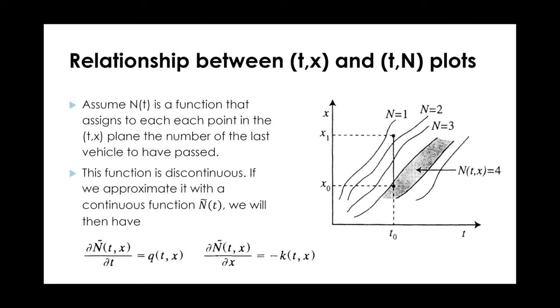There is, again, an interesting relationship between the time-space diagram, so Tx is the time-space diagram, right? And Tn, which is the time count diagram, where we assume N(t) is a function that assigns to each point in the time-space diagram the number of the last vehicle that has passed.